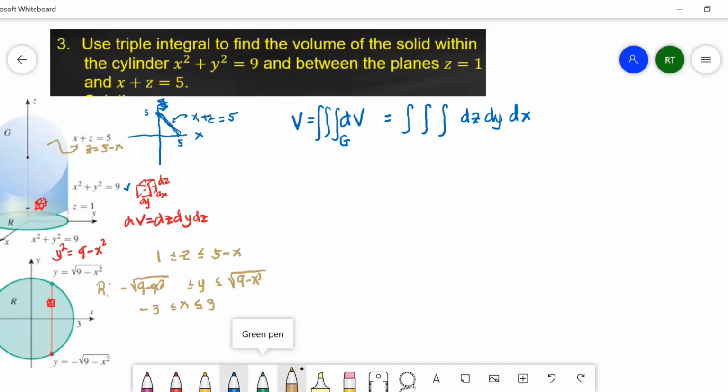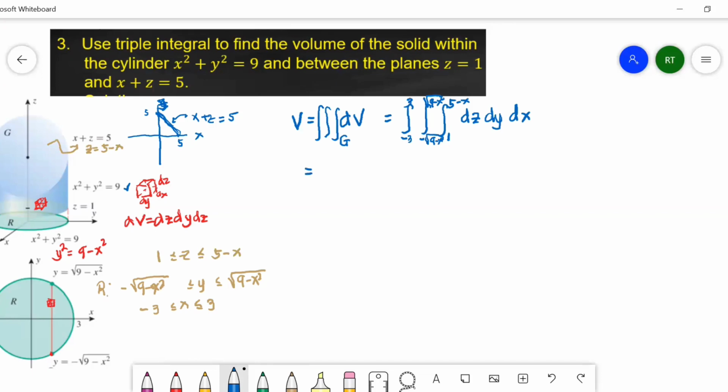So we can now write the limits of integration. z will go from 1 to 5 minus x. y goes from negative square root of 9 minus x squared to positive square root of 9 minus x squared, and x will go from negative 3 to 3.